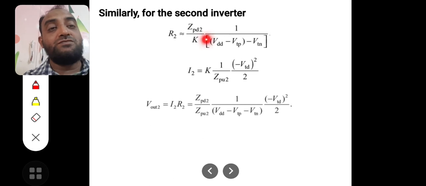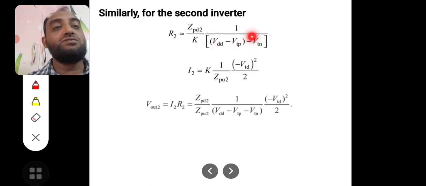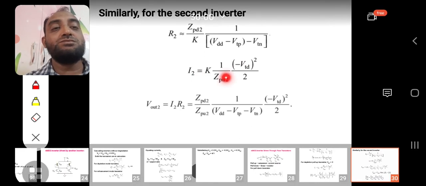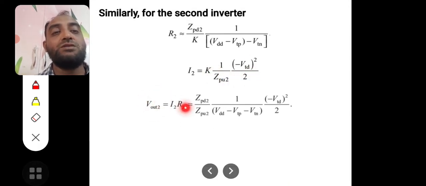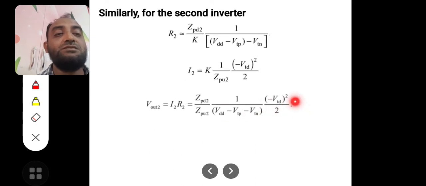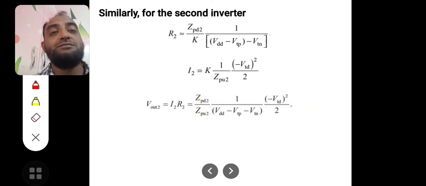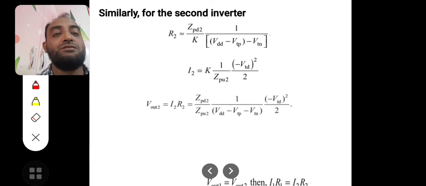With the current equation, input is 0, that pull up device, so the current I2 is given like this. So the final output Vout2 is I2R2, which will be this quantity ZPD2 by ZPU2 into 1 by this parameter and multiplied with this parameter.